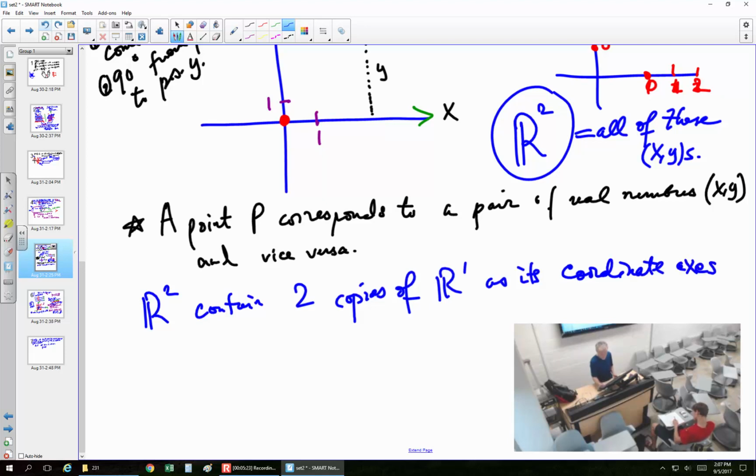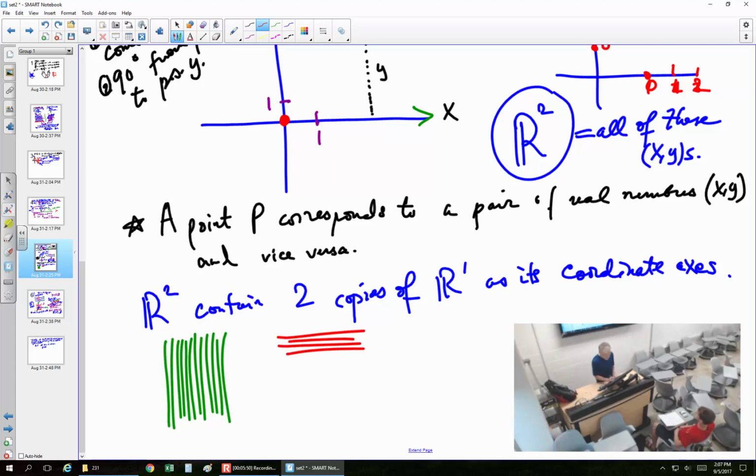But in addition to that, let me finish with this. You can do more than that, because you can create a row of axes like this. If I repeat my y-axis infinitely many times with no overlap, I will have R2. Similarly, I could go horizontally, and these are infinitely many copies this time.